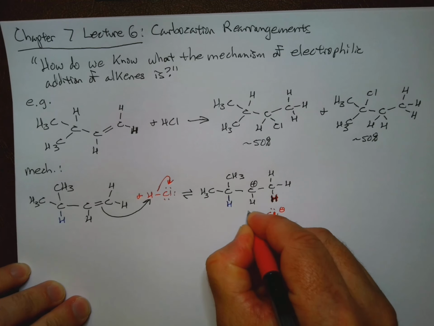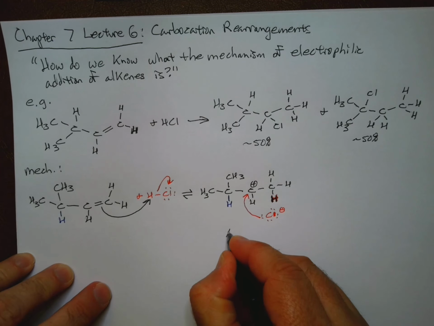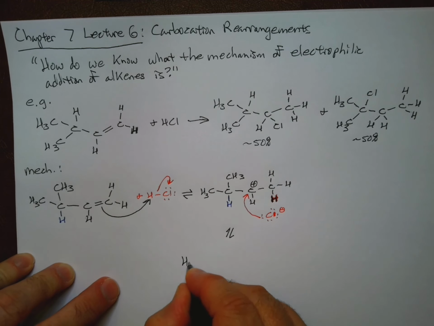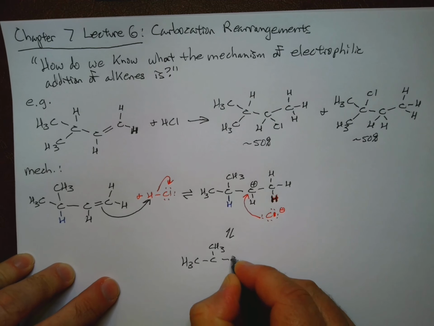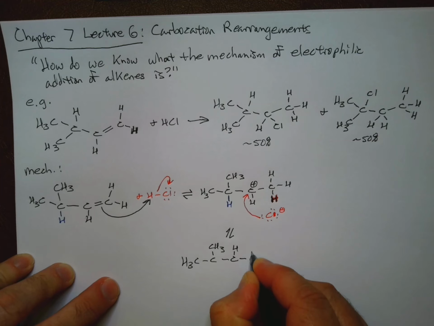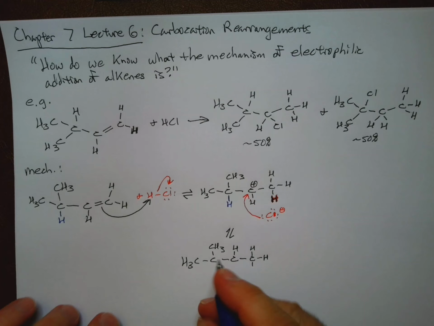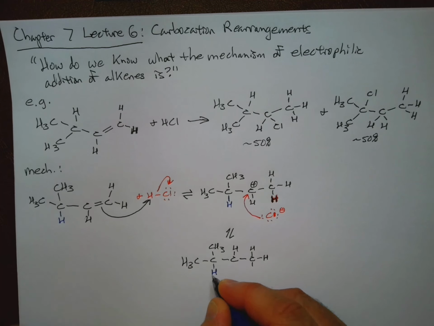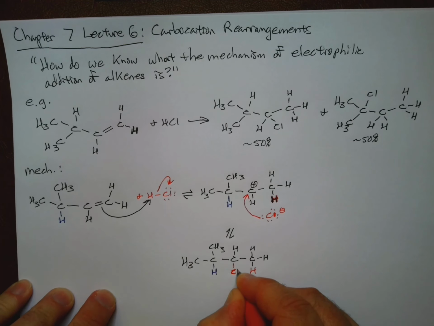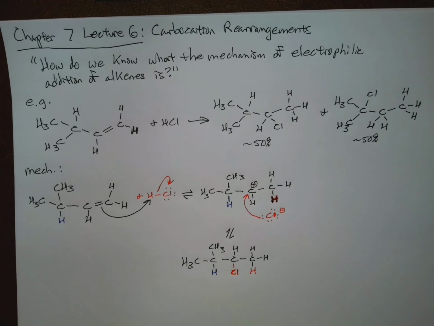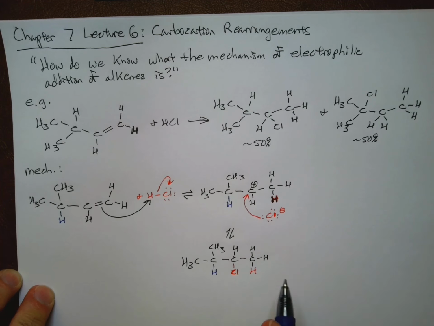And that can come along and then add, and I will get H3C, C, CH3, C, H, C, H, H, H there, and Cl there. I'm not going to show the lone pairs there. Okay, so this accounts for the formation of this product right here.